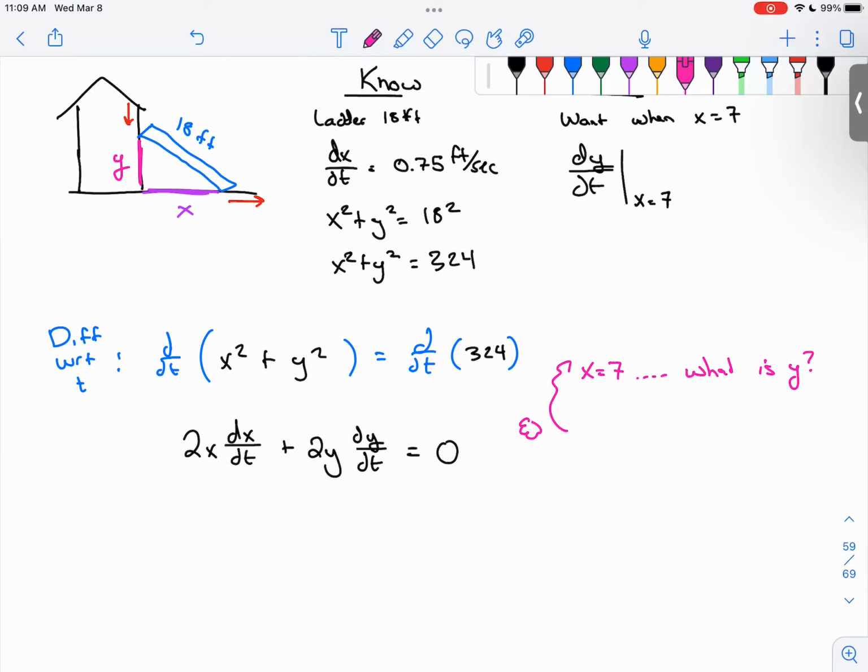Solve for y in the Pythagorean theorem, right? The Pythagorean theorem would tell us if x is 7 and our hypotenuse is 18, what is our y value? We can find it.